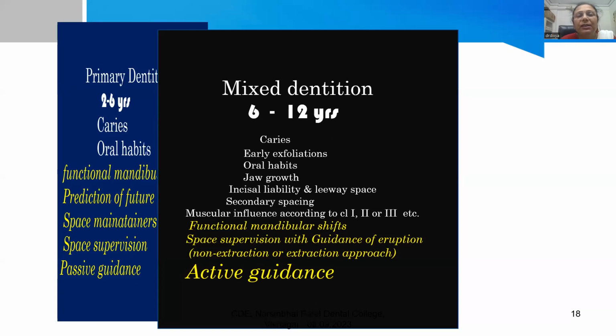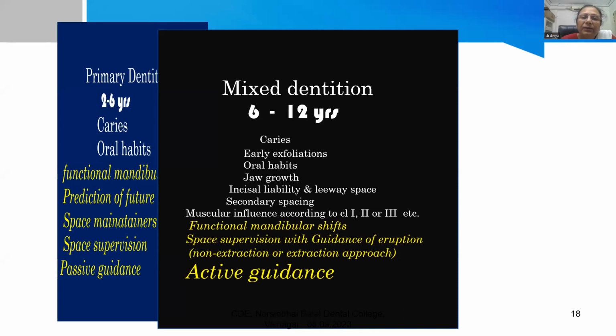Jaw growth itself is very active during this time. So if the environmental factors are acting, jaw growth will be directed in an abnormal way, and that may cause very serious sequelae.